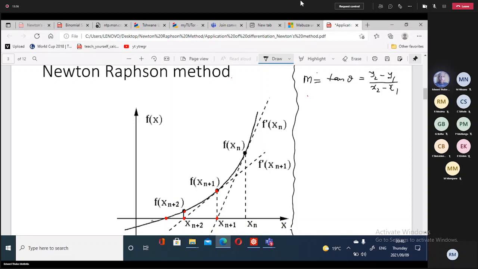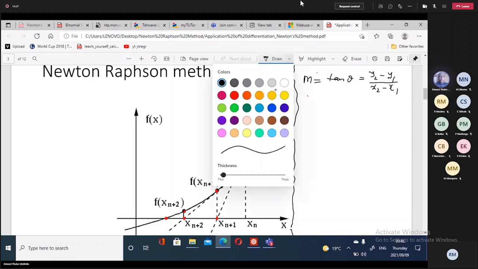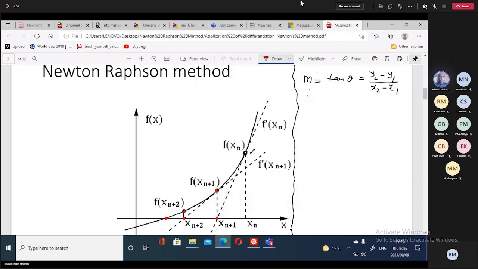Now I'm going to use the terminology that we have here. I'm not going to use y2 and y1. Now let's look at this point here. Let me change the color. These are the points that we are going to use. You see this triangle. This is the triangle I'm going to use to determine the slope.